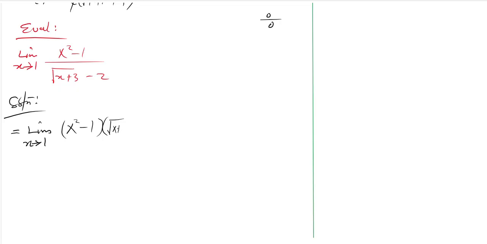x plus 3 plus 2, all over root x plus 3 minus 2 multiply its conjugate, which is root x plus 3 plus 2.